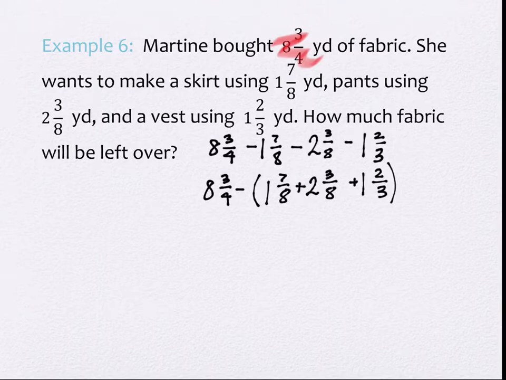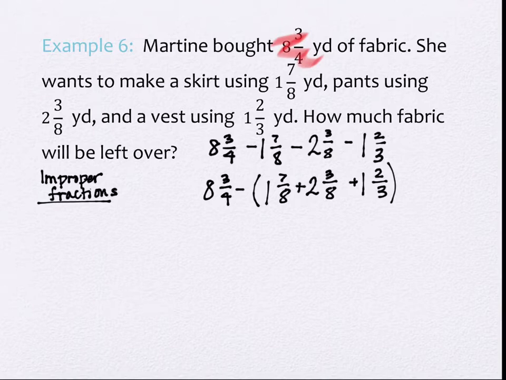Now, a reminder, there are 2 ways to deal with mixed numbers. One is the improper fractions approach, which is the one I'll do first. And then the other one is mixed numbers, and I'll show that one second. So if I work with improper fractions here, I need to change them all to have the same denominator, right?